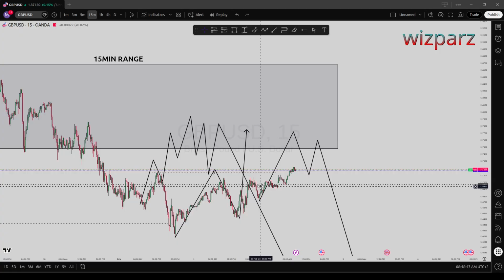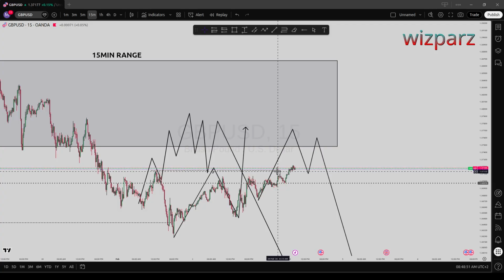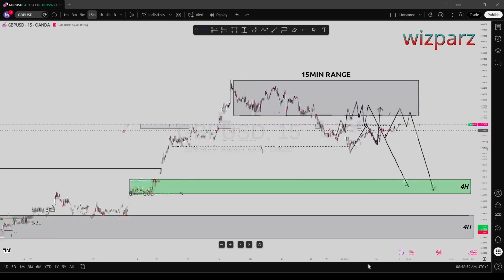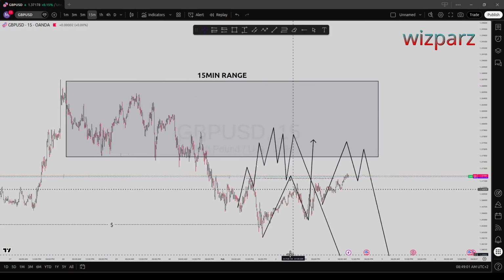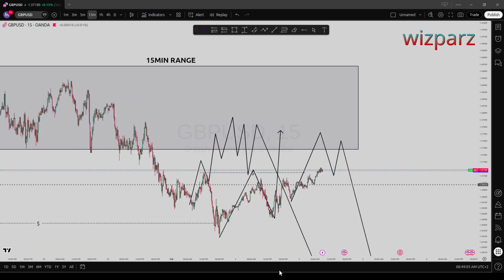As you can see we are still in consolidation. Price is moving nowhere, so I prefer to see price make a 1-minute shift to the zone or a 5-minute shift to the zone to the downside. Then I'm going to look for short opportunity. Still the same analysis.